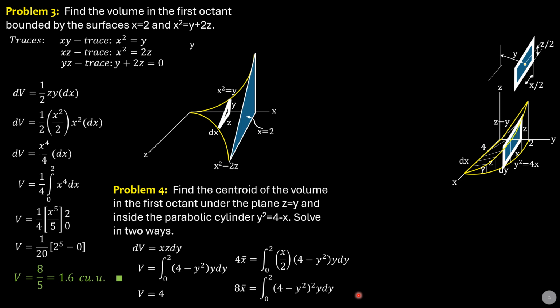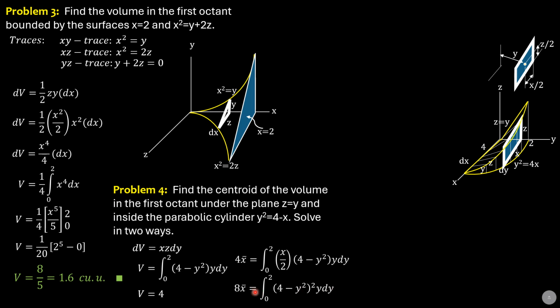Then actually we can evaluate this by power formula. And because the calculator is allowed, then you just evaluate the integral using your calculator. It is equal to 4/3. But if we're going to evaluate this by the power formula, if you imagine 4 minus y squared is u, the differential is negative 2y dy.